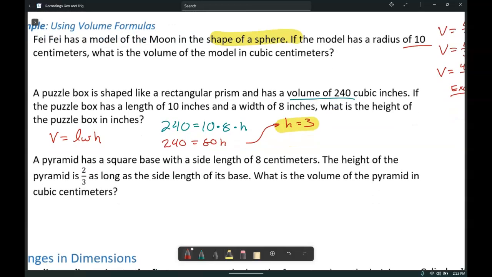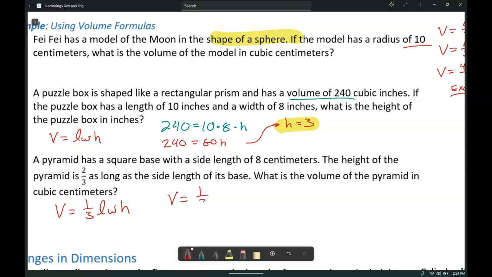Last one, we have a pyramid with a square base, which is the same as a rectangular pyramid. So we have the formula where the volume equals 1/3 the length times the width times the height. And so we can substitute our values in. We want to find the volume.